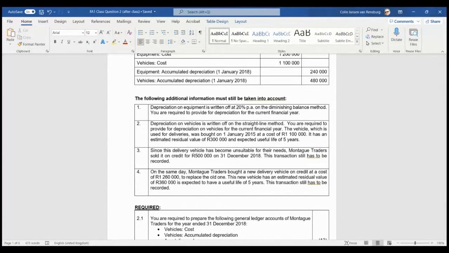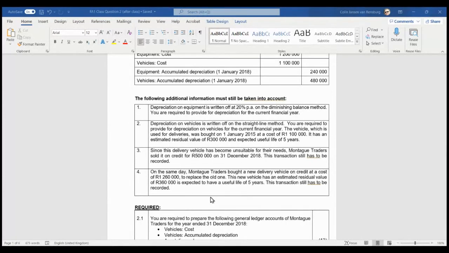Now we must do something with the balances in our ledger accounts, because now, once we have sold it, we no longer own it, which means we've got to go and get rid of all balances relating to that vehicle. It's not ours anymore. We've got to get rid of the balances. What do we call that process where we get rid of the balances?